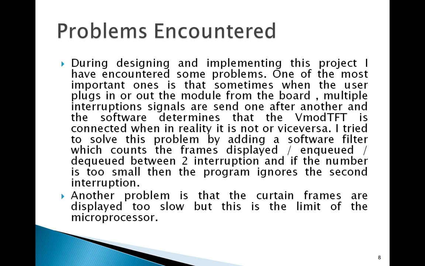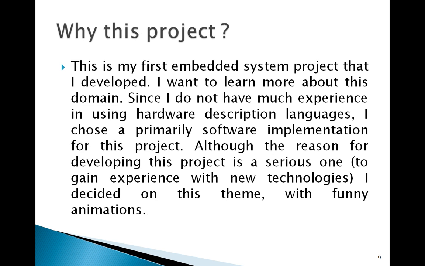I try to solve this problem by adding a software filter which counts the frames displayed, added to the queue or extracted from the queue between two interruptions, and if the number is too small, then the program ignores the second interruption. Another problem is that the curtain frames are displayed too slowly, but this is the limit of the microprocessor.